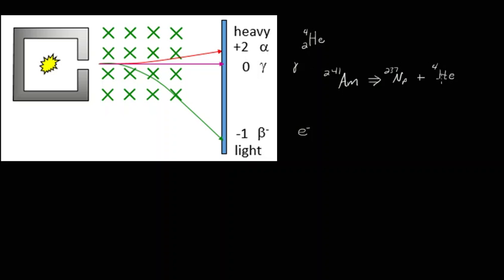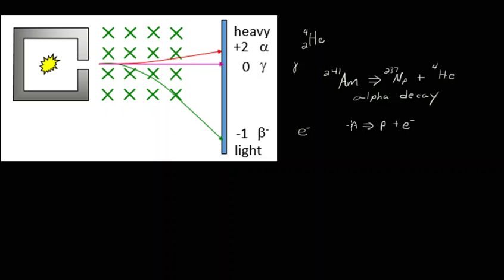Okay, so this is called alpha decay. So guess what beta decay is? It's when it emits an electron. Usually in beta decay, it emits an electron because you're converting a neutron into a proton in some form or other.